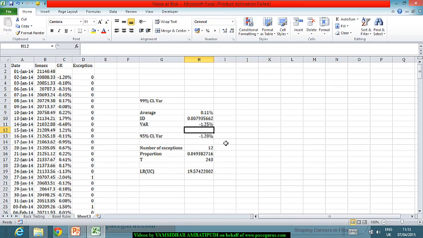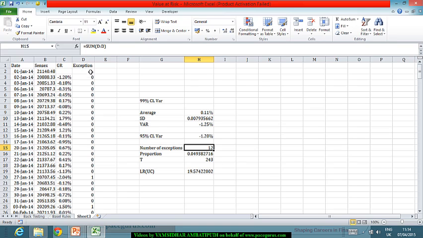The 99% VAR has given minus 1.25%, which has resulted probably in a very big LR, which means it has to be rejected and the model is having some fault, because there are 12 exceptions that got generated. But at the same time, I am looking at whether there is some kind of serial dependency or independency that is existing.